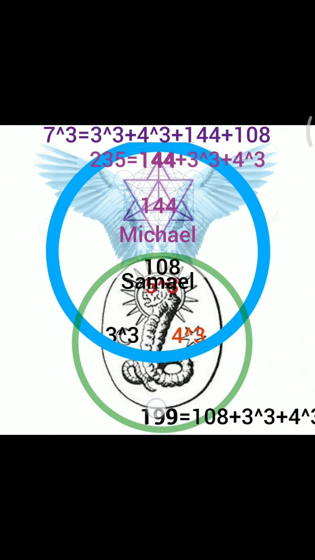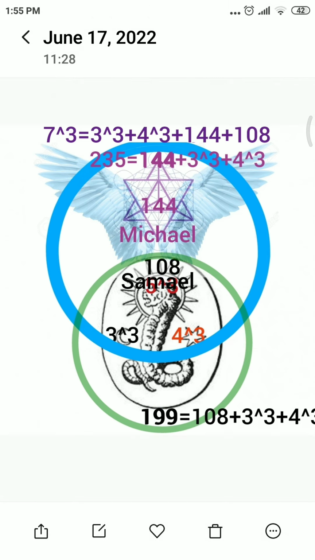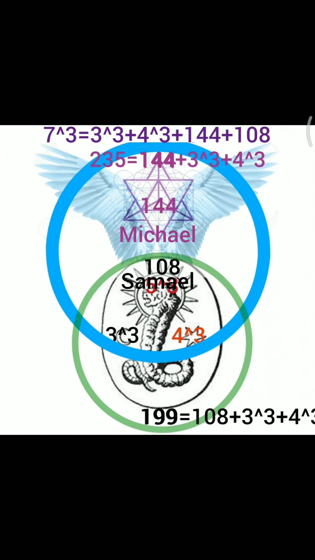So this is the snake guy and this is the eagle guy. 144 is the eagle. 108 is Samael, venom of God, and 199 means the physical world comprising moon, sun, and 108, the actual snake which rules over the physical world.